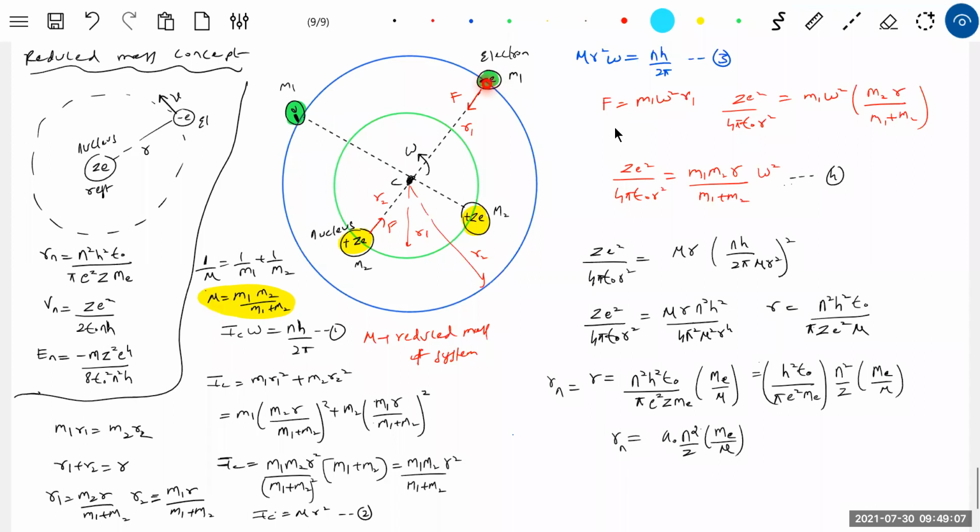If the mass of the revolving particle is 100 times or 200 times more than that of the electron, let it be, no problem. Everything will be taken care of in the mu. If Z equals 3 or something, let it be.